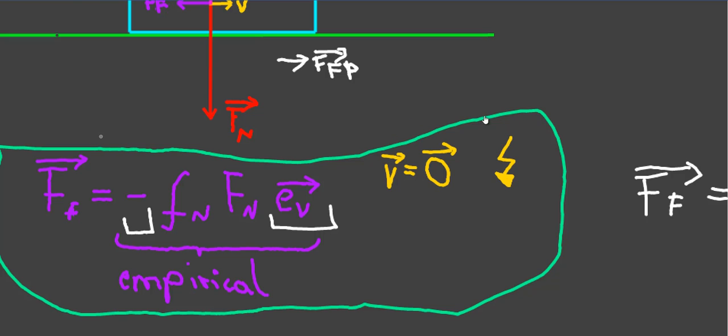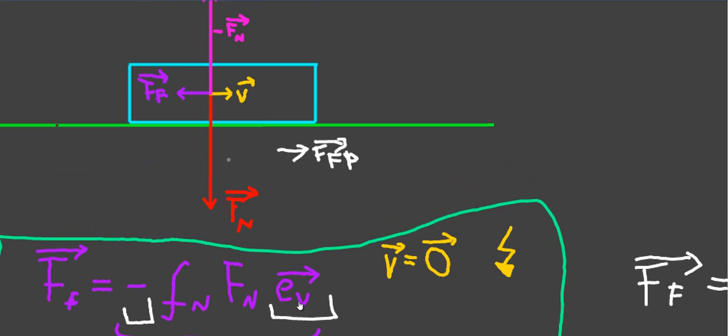If we don't have a velocity, our friction does not actually exist, and that's something we like to forget very, very easily. But we should remember it, because it means that our friction cannot actually accelerate us.